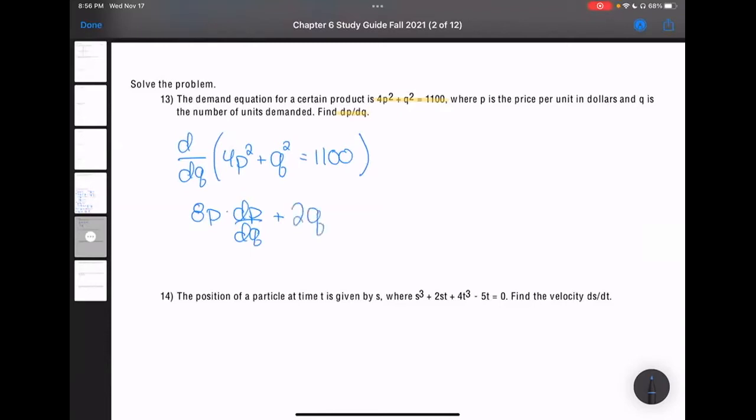So that's just 2q. Derivative of 1100 is 0. And that's step 1. Step 2 is simply isolating dp dq. To isolate dp dq, you would start by subtracting the 2q to the other side, giving you negative 2q. And now we divide both sides by 8p.